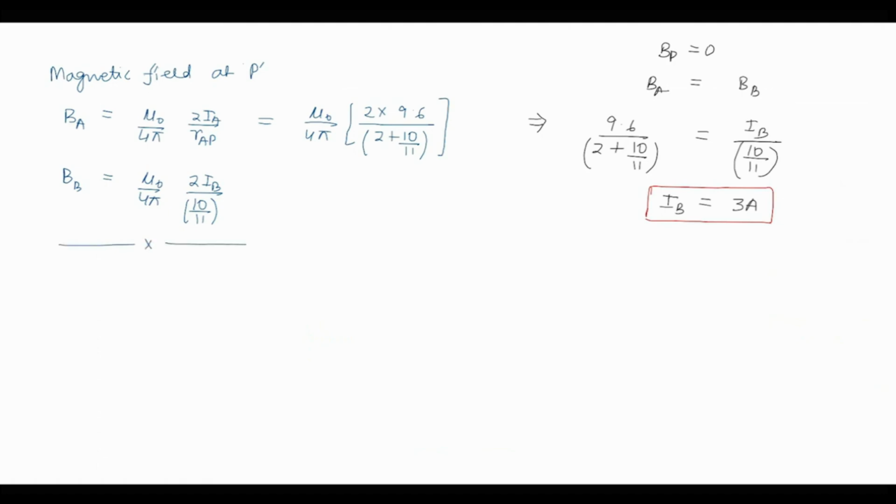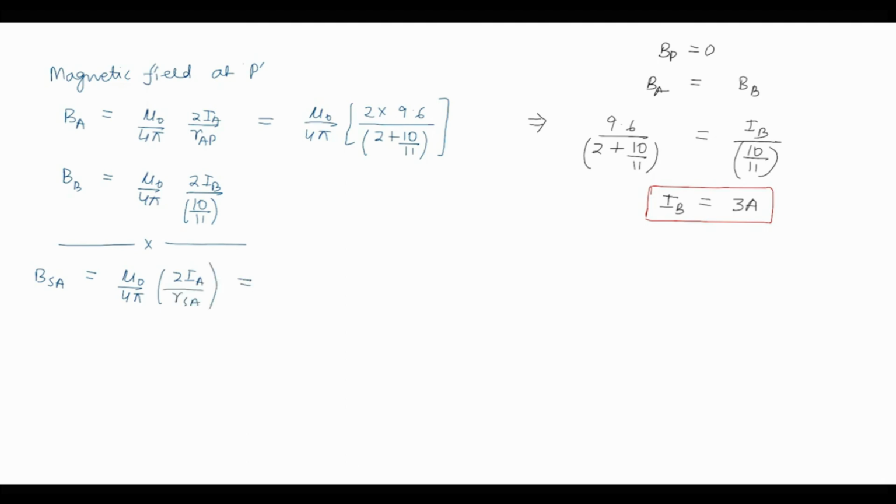The magnetic field at S due to A can be written as mu naught upon 4 pi, twice the current in A by the distance, that is RSA.